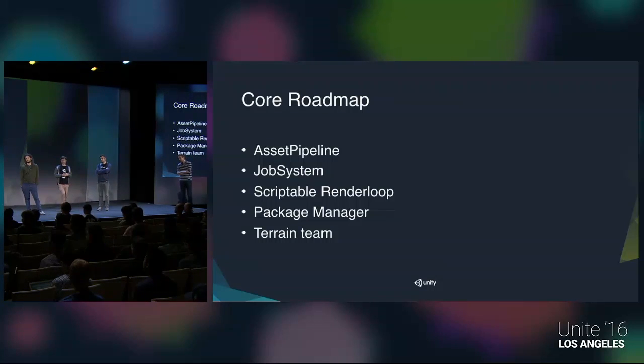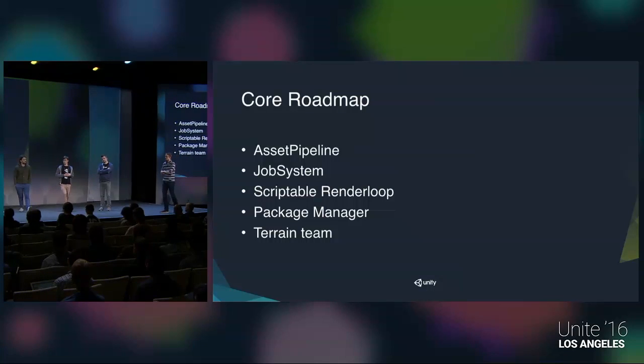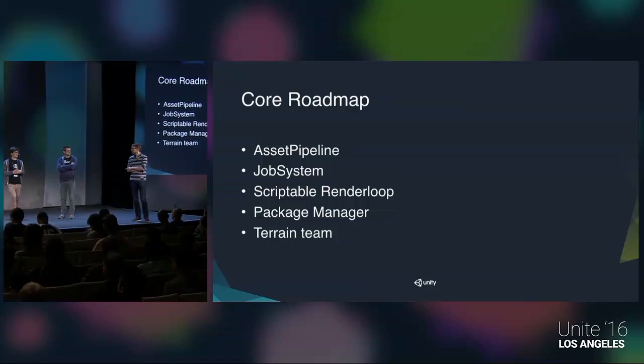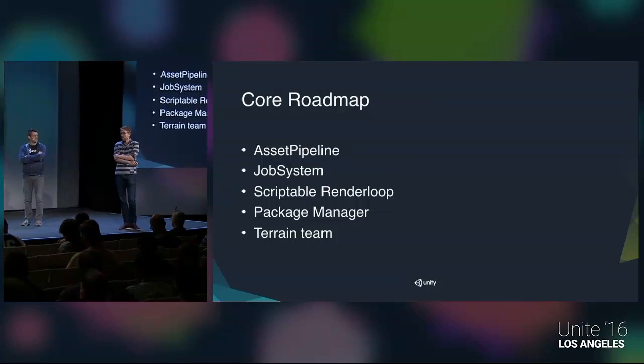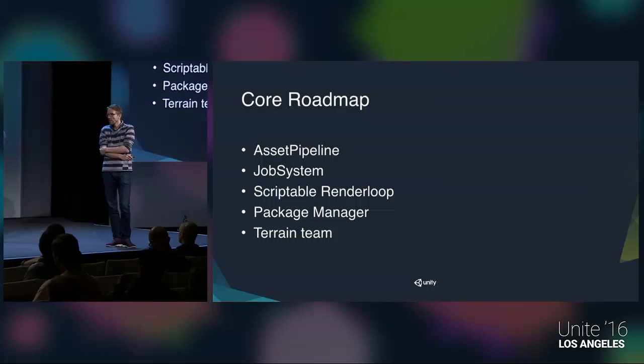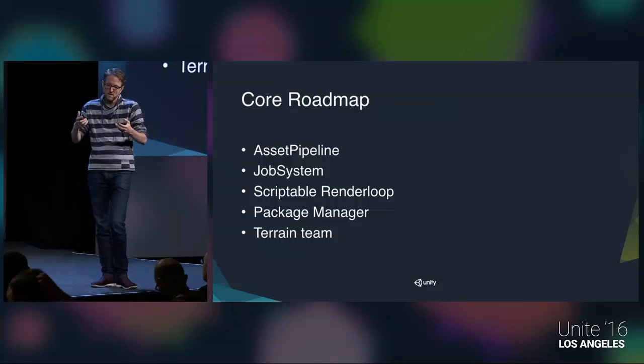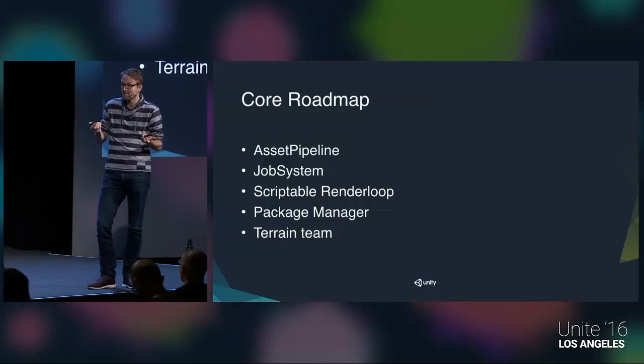So with the new package manager, is there going to be any kind of check to make sure, hey, this DLL already exists in the project, I don't need a second version of it? Yes, what you describe is a big problem. It's annoying.